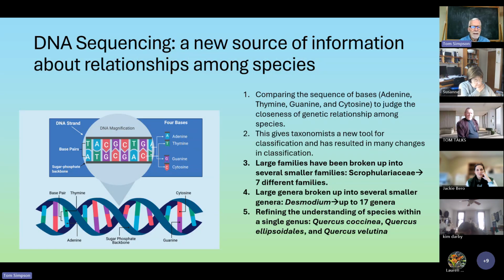The base pairs that make up DNA, that molecule that contains all the information that allows a fertilized cell to make another individual like you or me. All of it comes down to these four bases in different pairs: adenine, thymine, guanine, and cytosine.